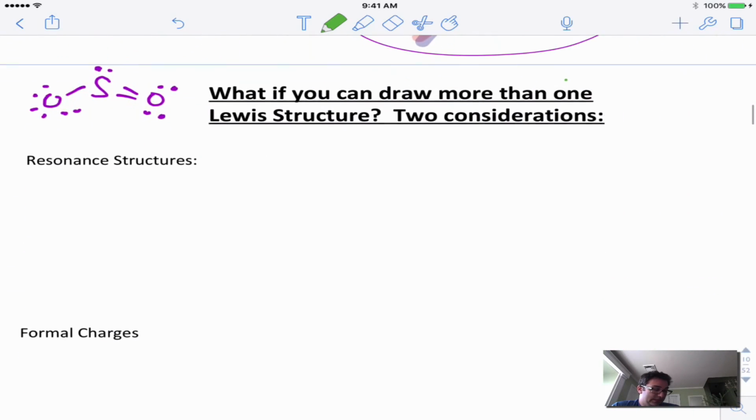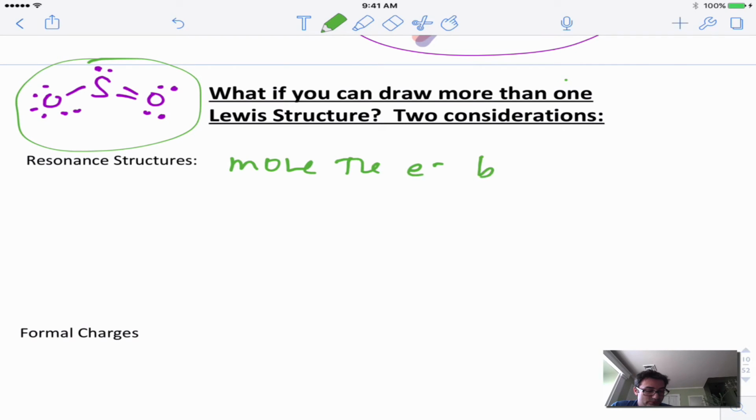So there's something that's going to come up here, and you can see it right here with SO2. If we look at SO2, some of you might be saying, well, why don't you draw the double bond on the other side? Well, I could have, and that's actually called a resonance structure. A resonance structure is where you can actually move the electrons between atoms in a molecule.